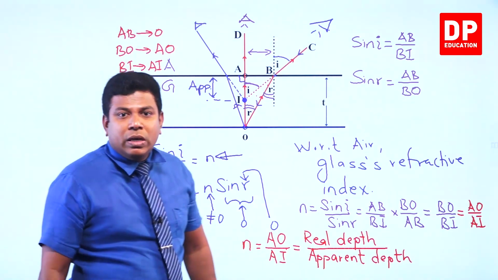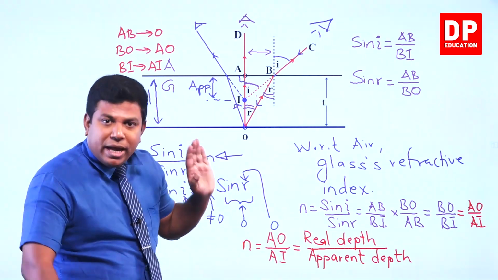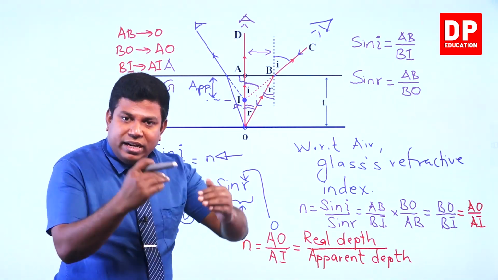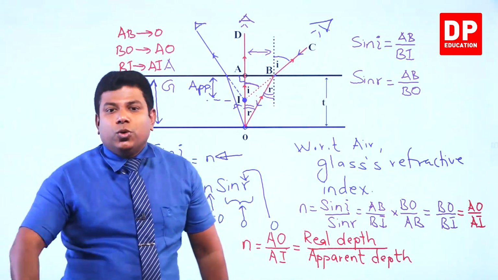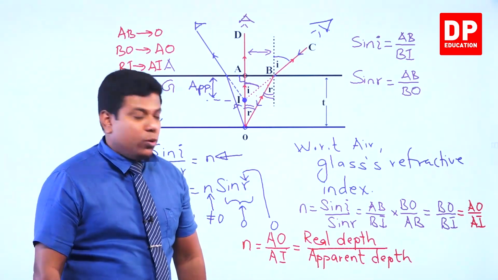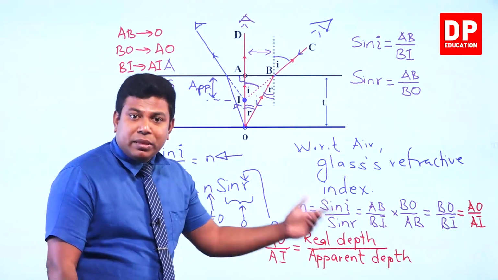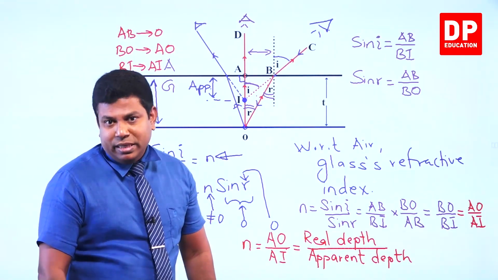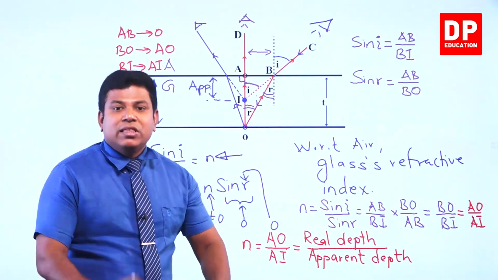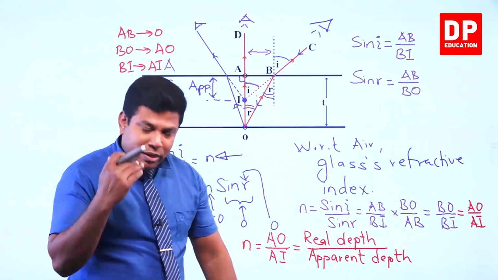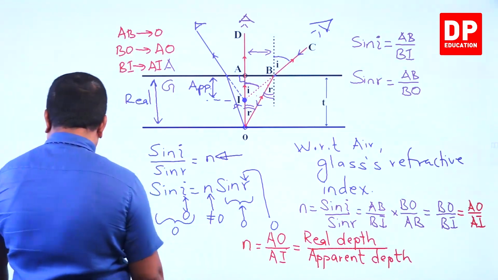Understand? So this is the theory background of this. The refractive index of glass with respect to air will be equal to real depth divided by apparent depth. So this is the theory. This is what we are going to do in the practical. Let's see how we are going to do it.